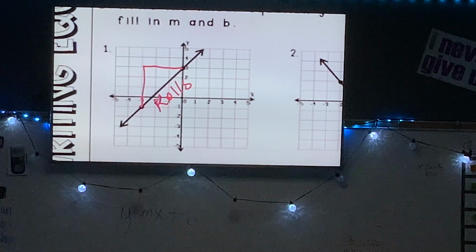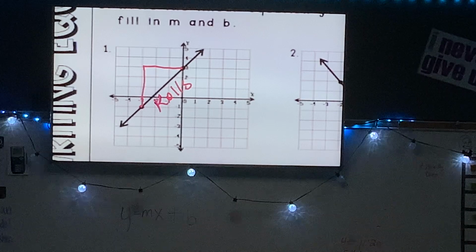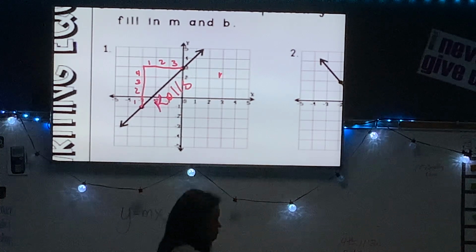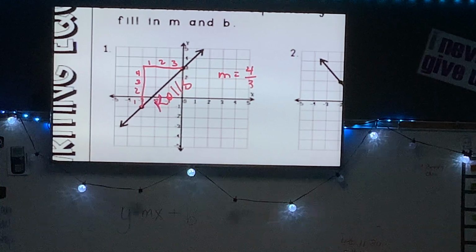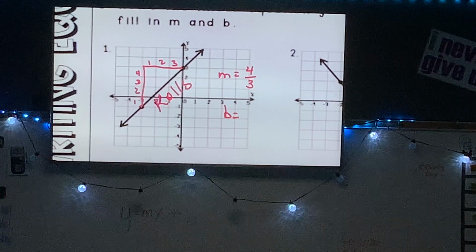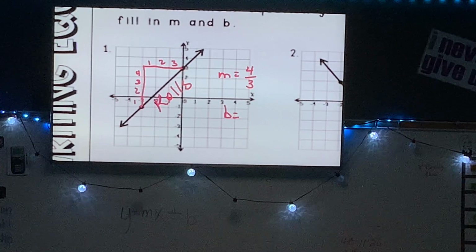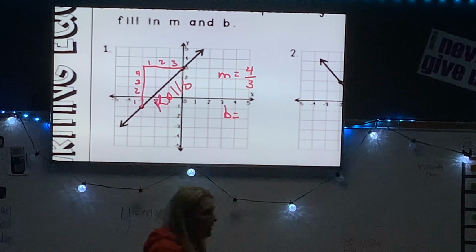Rise and run. How many am I rising? 4. And look, you can make it big enough where you can write in that. How many am I running? 3. So my slope is 4 over 3. And what is my y-intercept?